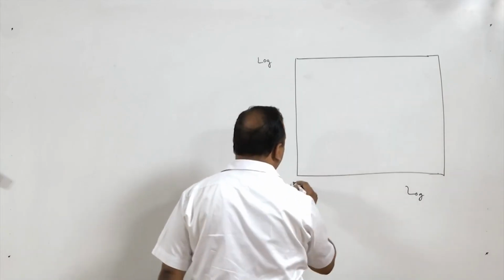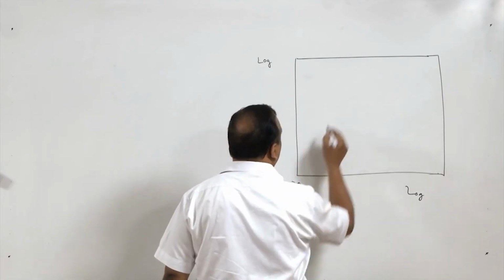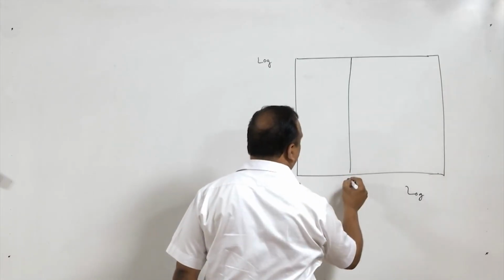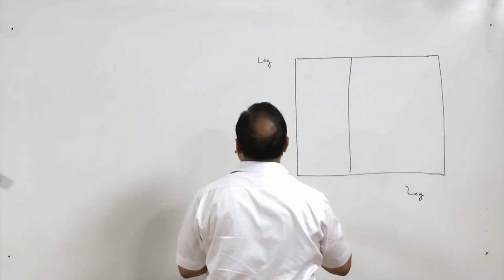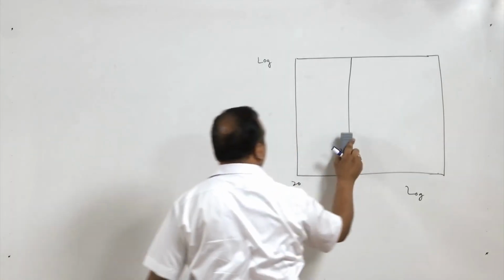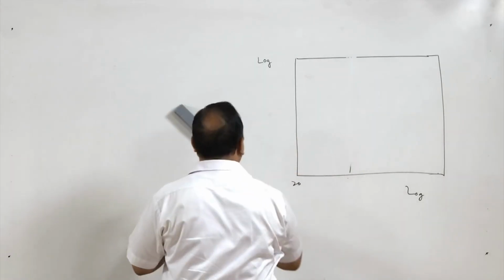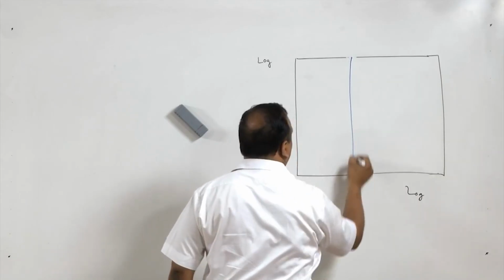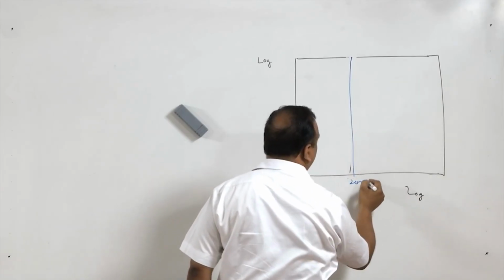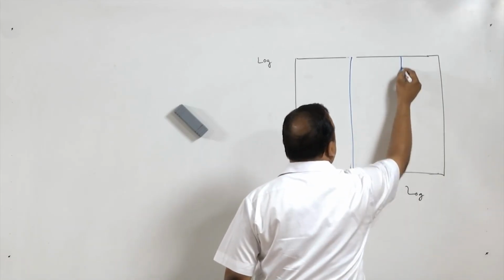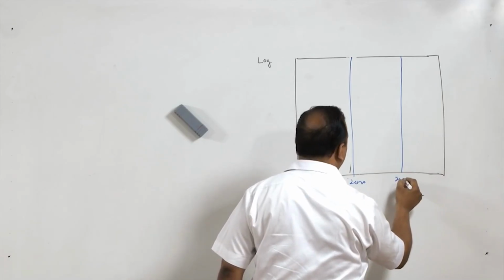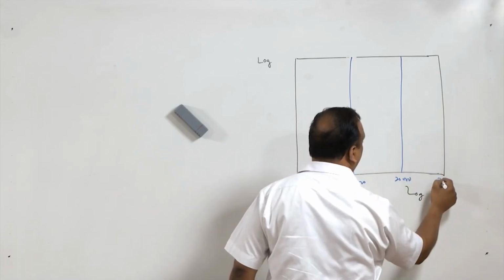So starting from 20, then it is going to be 2000, then 20,000 and then 2 lakh.